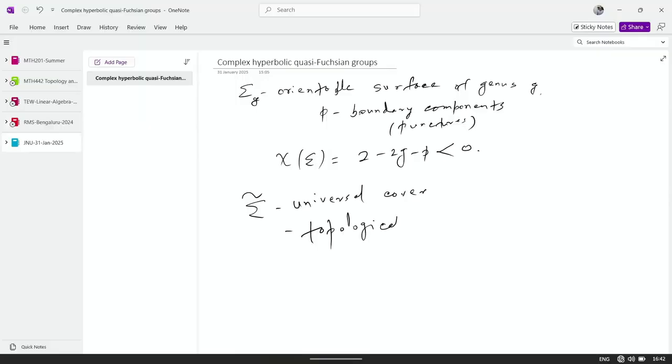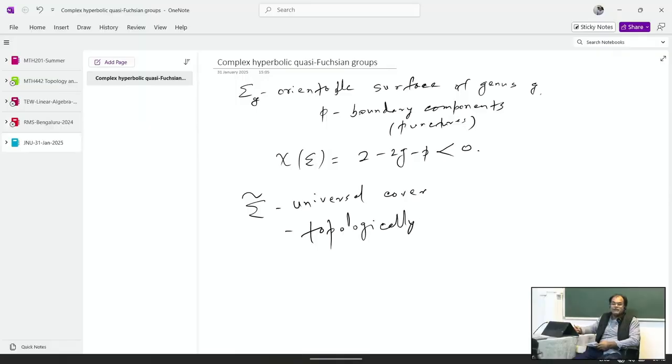I mean, you can look at the book by Massey, Algebraic Topology. So some of these things are there, okay? There is a chapter on classification of surfaces, and the universal cover plays a crucial role there. So this is topologically a disk, okay?